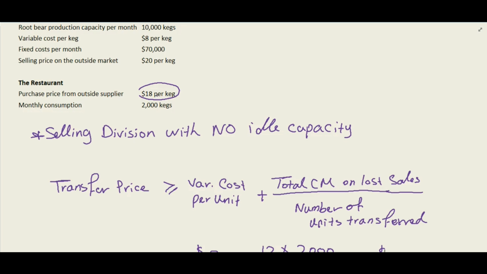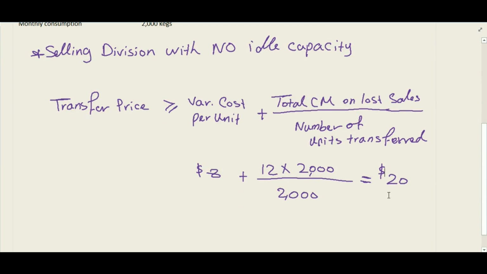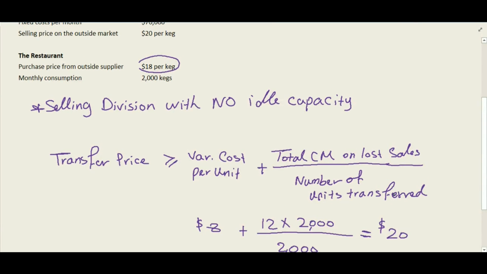So if the factory has no idle capacity, the selling division will agree only if the price is more than or equal to $20. But $20 is too much for the restaurant, as they can purchase from an outside supplier for $18. So it won't work if the selling division has no idle capacity.